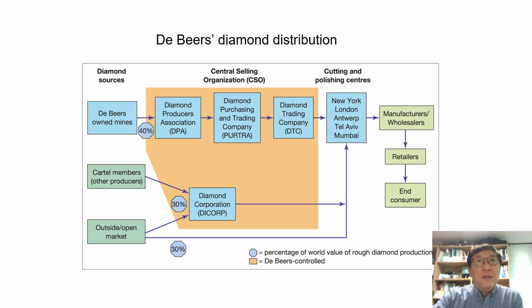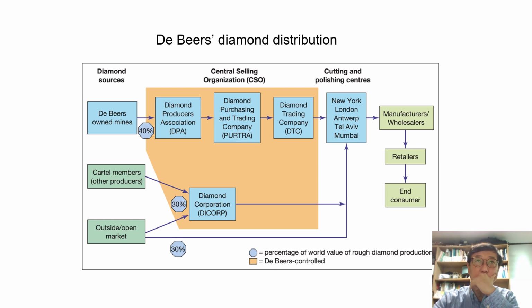So this is a type of proposal advertisement about that. So this is diamond distribution. Diamond sources are maybe a lot of African countries. The De Beers company owns all the mines, central members, and the outside open market. And the Central Selling Organization is under De Beers control.